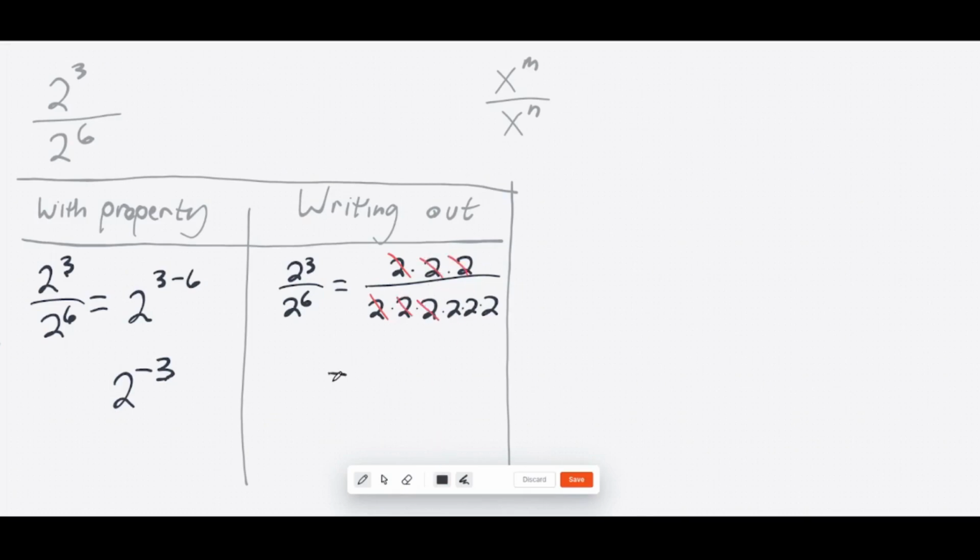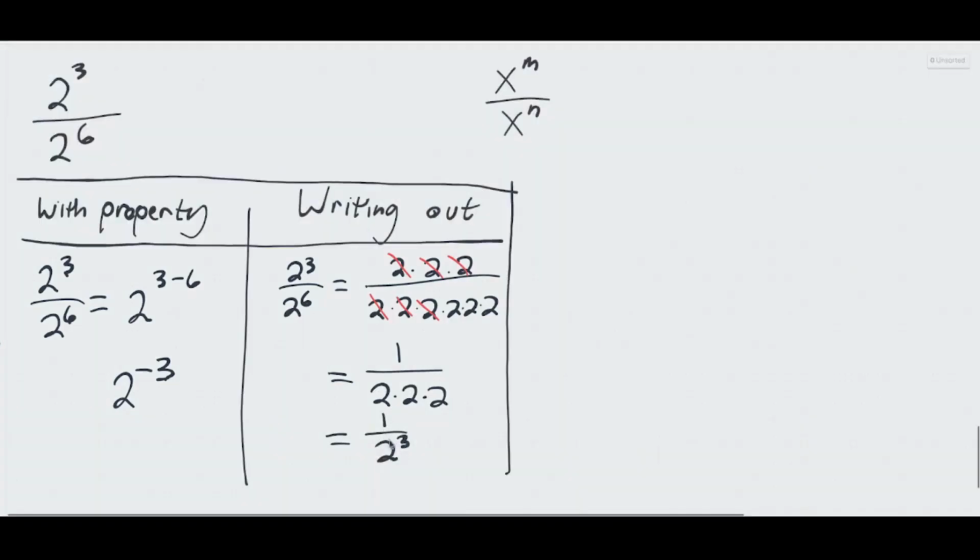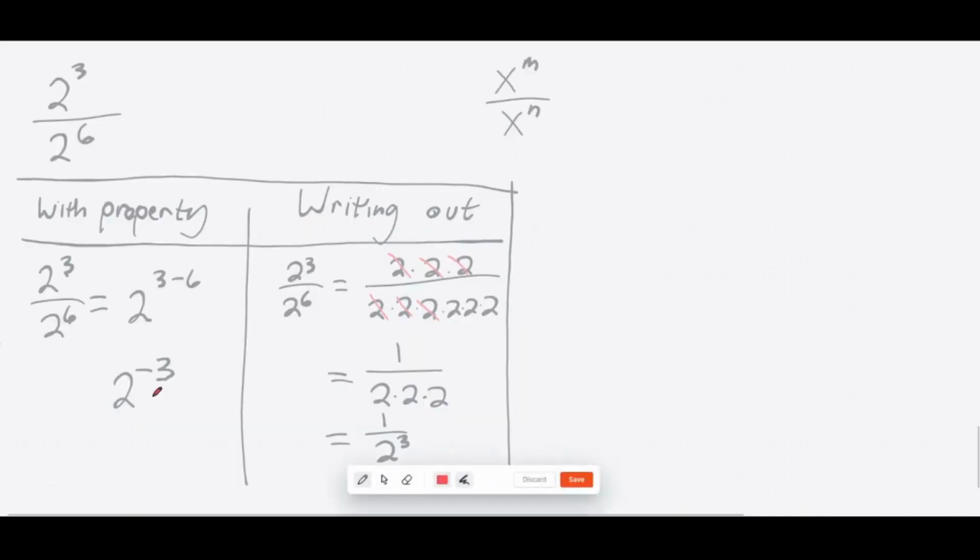What we're really left with is 1 divided by 2 times 2 times 2. So we're left with 3 2's, but this time they're in the denominator instead of the numerator. So this, by definition, is equal to 1 divided by 2 to the third power. It's just that 2 is in the denominator instead of the numerator, like we're used to. And that equals 8 in this case, so 2 to the third is 8. So the final answer is 1/8.